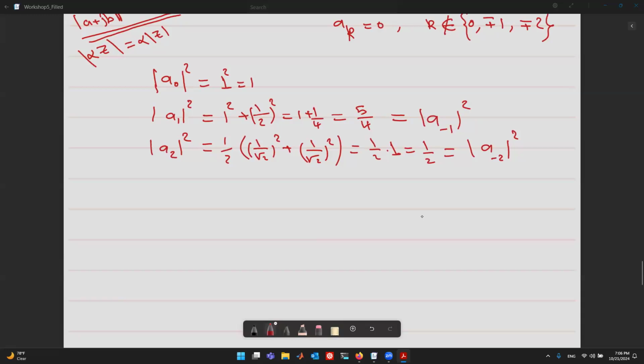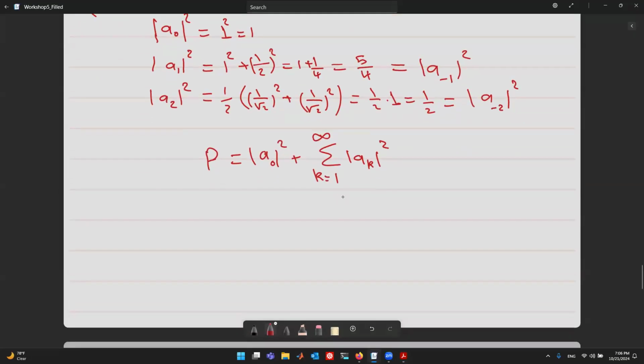Therefore, the power of the signal, P, is, as we said, a0 squared plus the summation for k equals 1 to infinity of a_k squared. But in our case, k can be just plus or minus 1 and plus or minus 2.